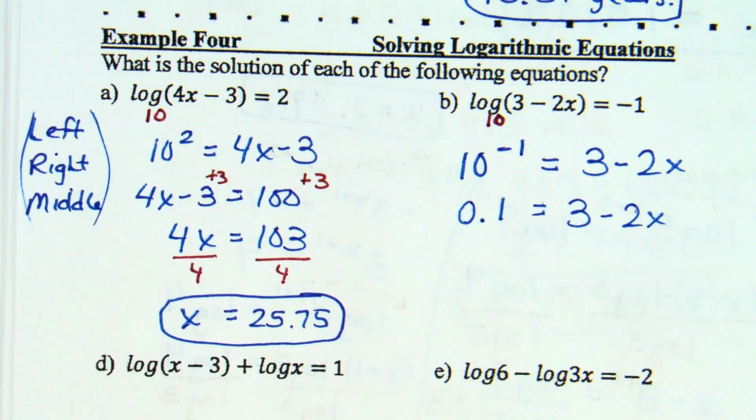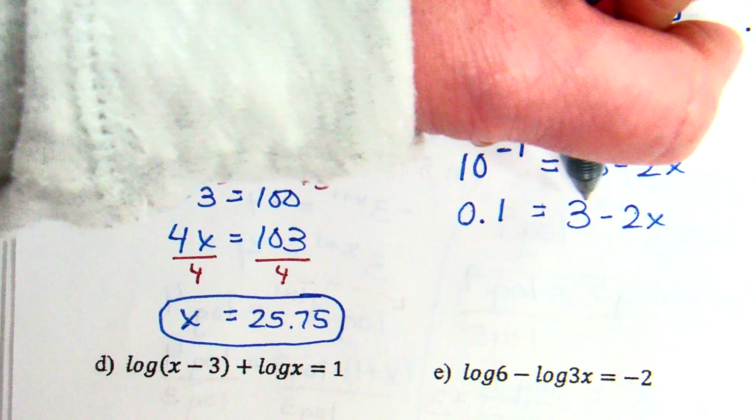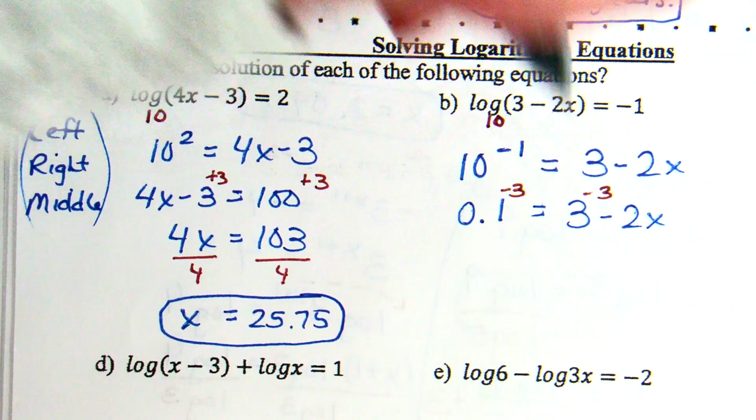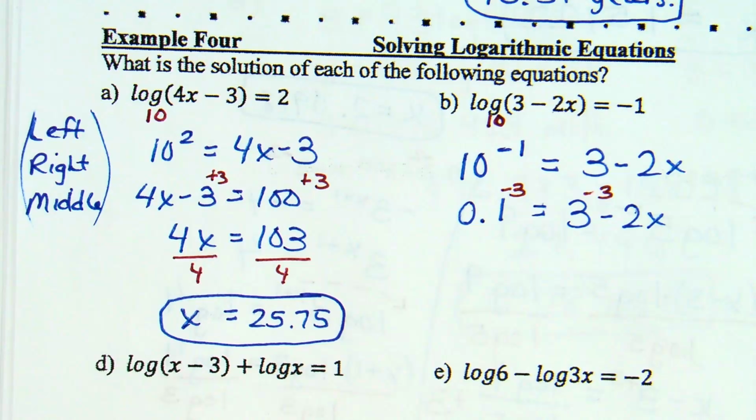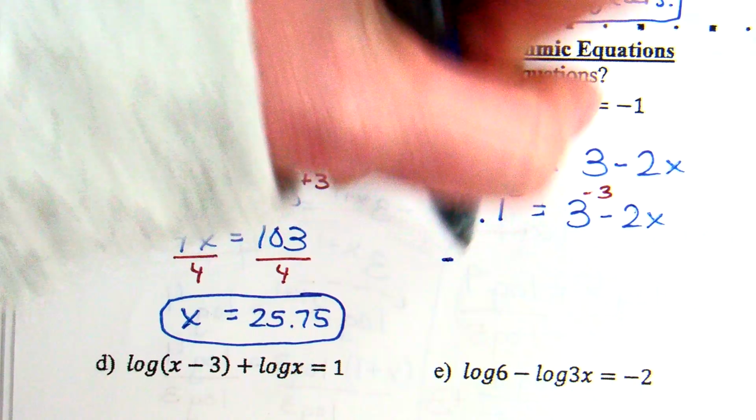How do I get x by itself? Okay, if I'm trying to move that positive 3 away from the 2x, I'm going to subtract 3. I subtract 3 on one side, subtract it on the other side. 0.1 minus 3.